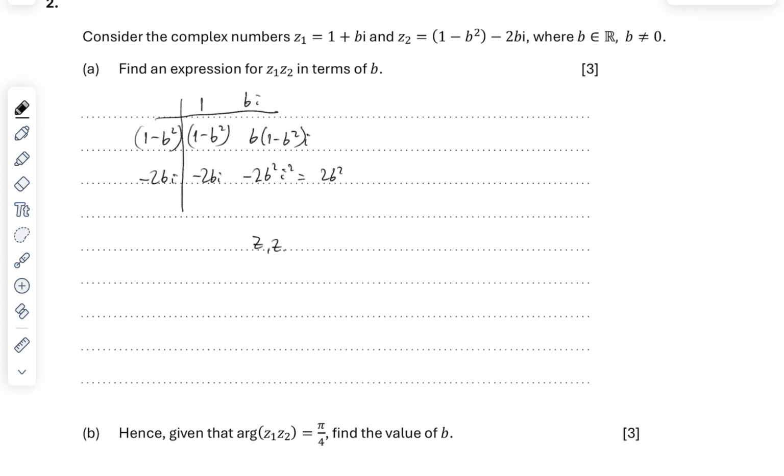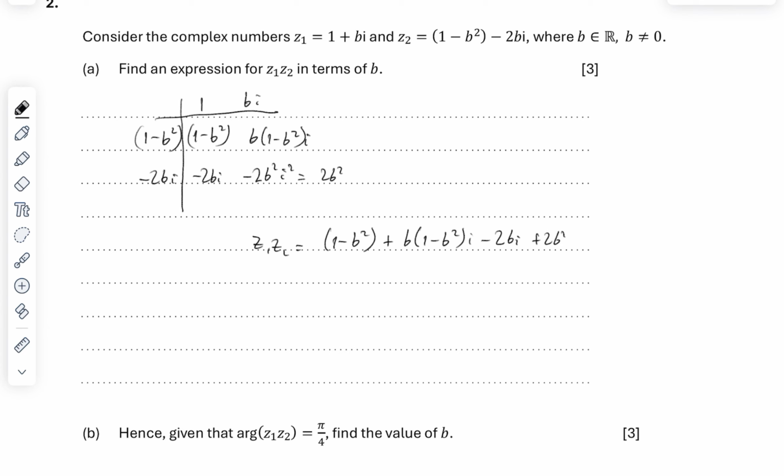So Z1, Z2 is equal to 1 subtract b squared plus b times 1 subtract b squared i subtract 2bi plus 2b squared.